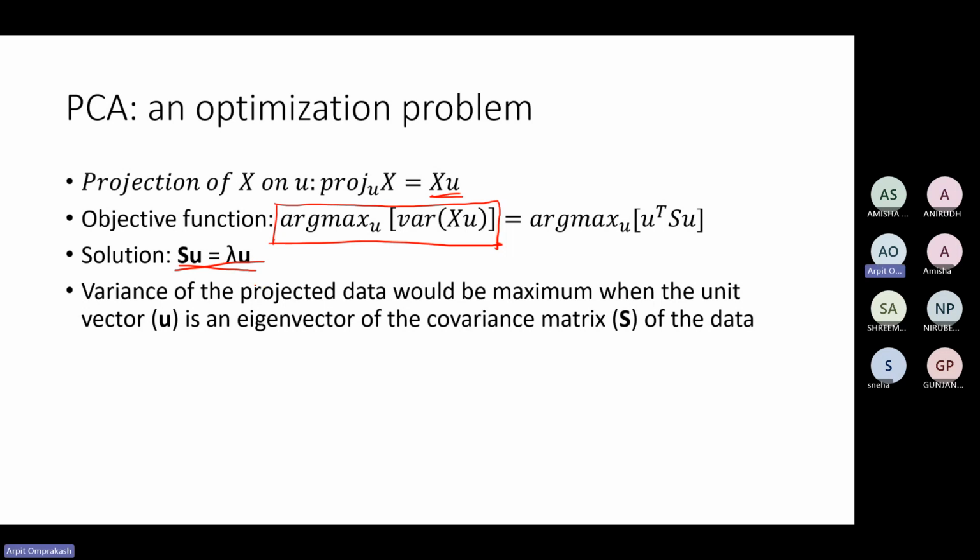Okay, so basically now we have the covariance matrix of X, and it will have some eigenvectors and corresponding eigenvalues, right? And these eigenvectors are basically the new axes after PCA.